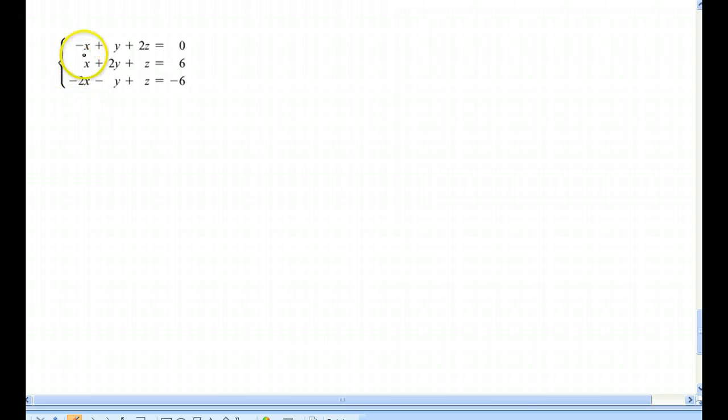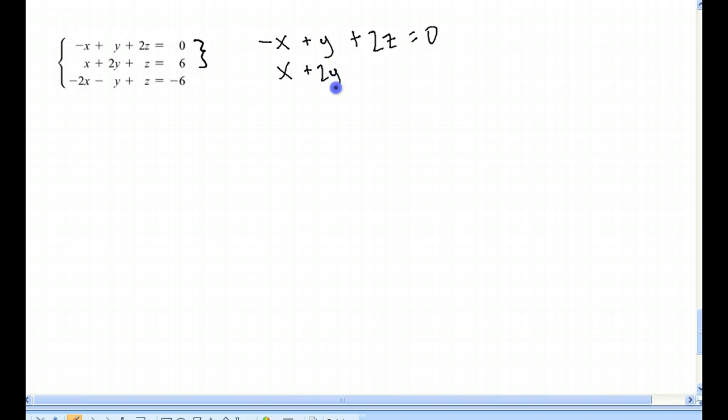Again, in this case I'm going to eliminate x here because of the sign change. I could also just as easily do y, but I'm going to do x here. So I'm going to start off by combining these two equations together, first and second, and I'm just going to add them together. -x plus y plus 2z equals 0, if I add that to the equation x plus 2y plus z equals 6.